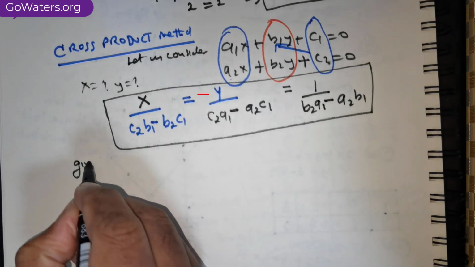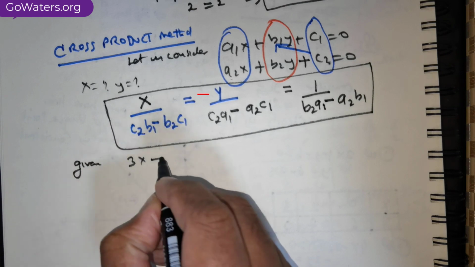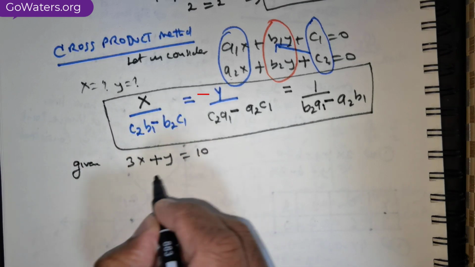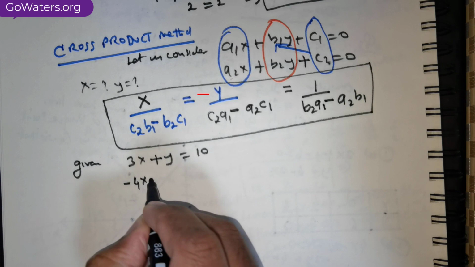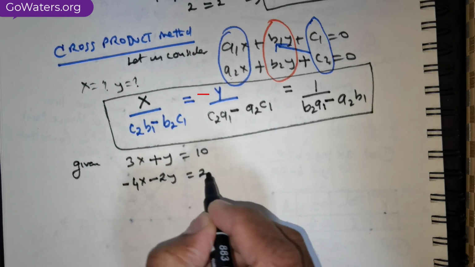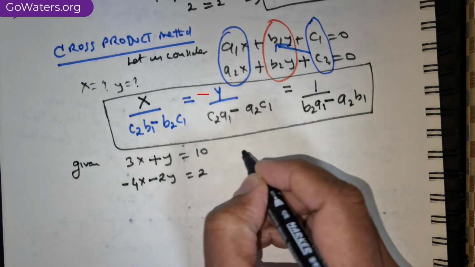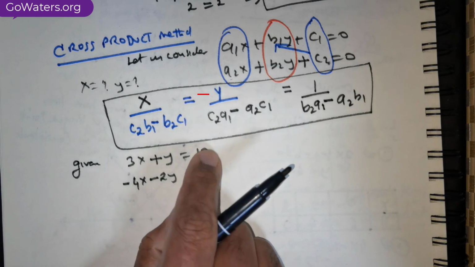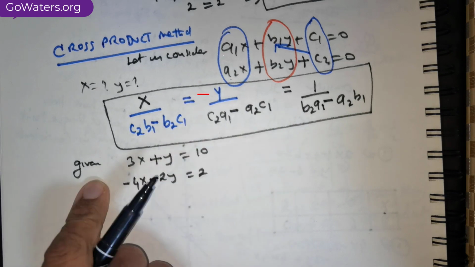So this is given: 3x plus y is equal to 10 and negative 4x minus 2y is equal to 2. What I wish to do is move all the constants to the left.